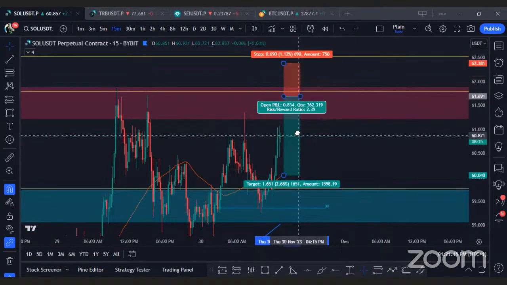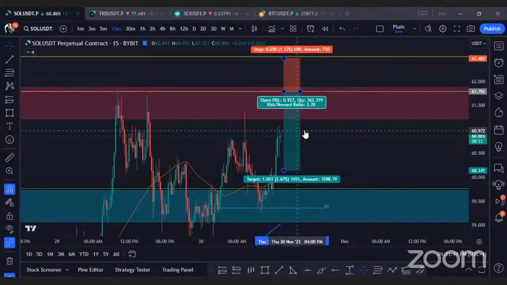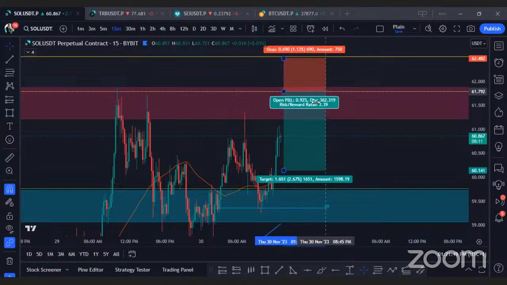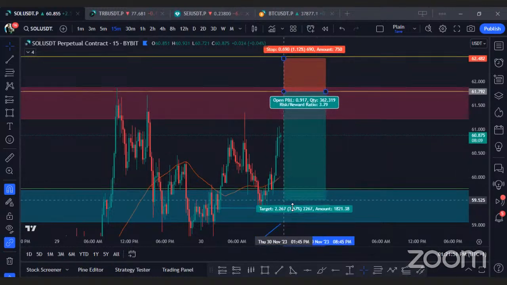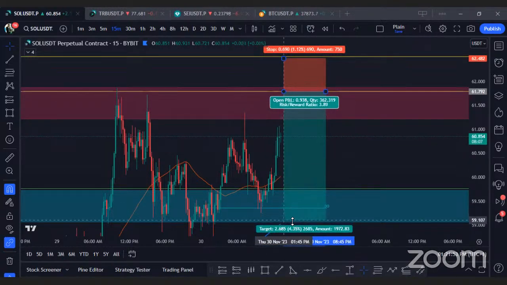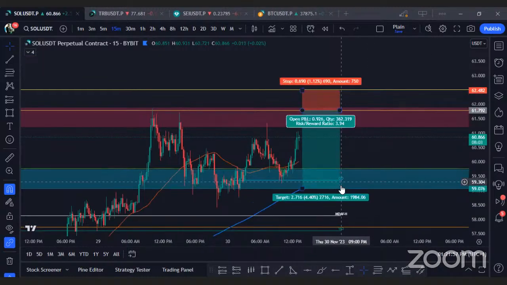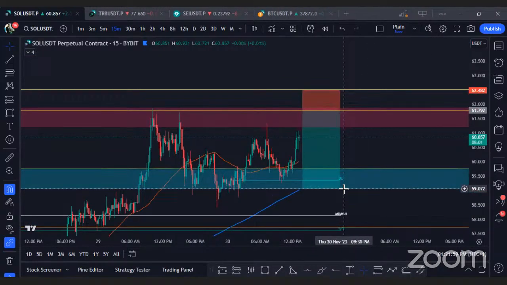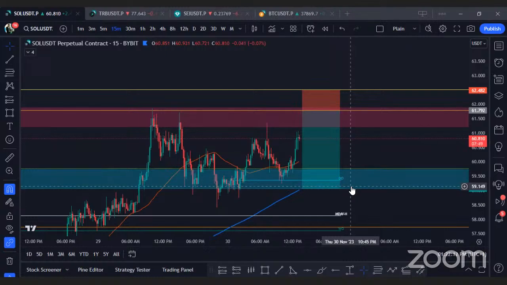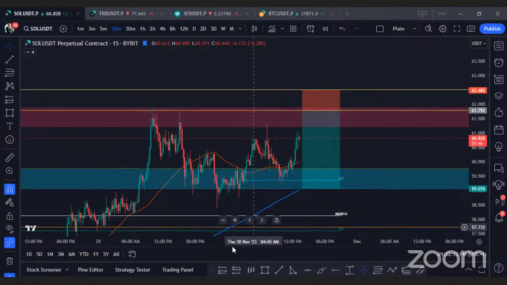I'm going to set a limit order to short Solana here, guys. So if I get Solana back up there again, I want to short. Have you been able to log in, sir? Yes, I'm logging out from the other one.